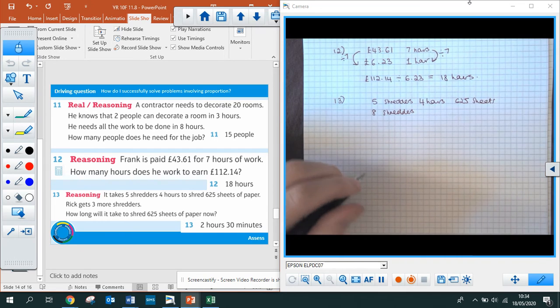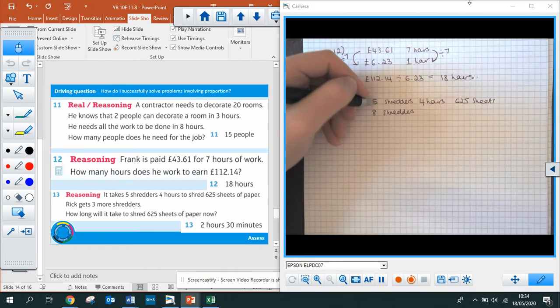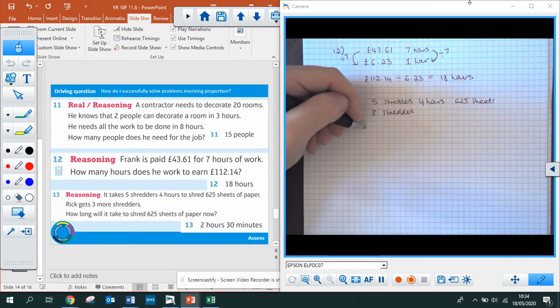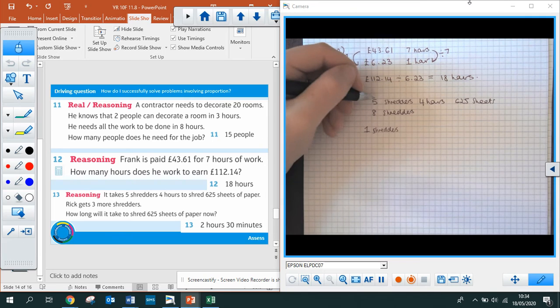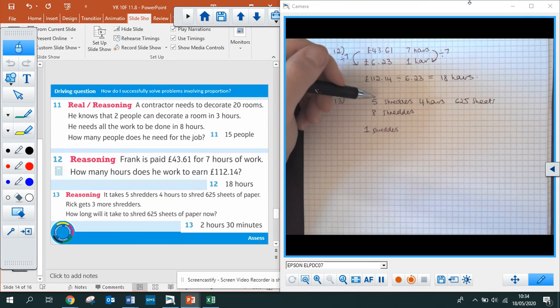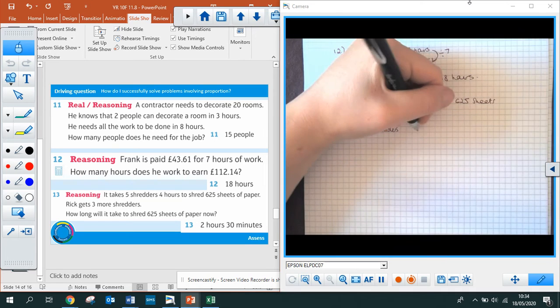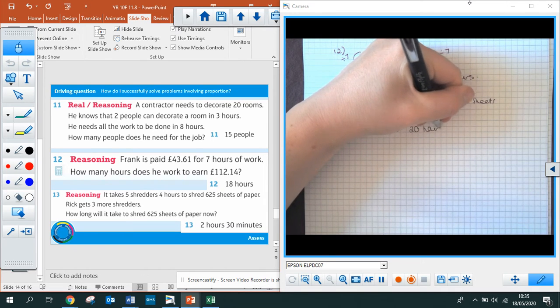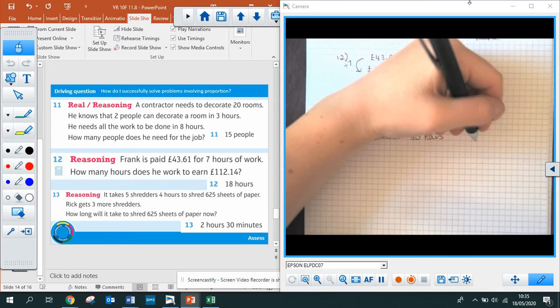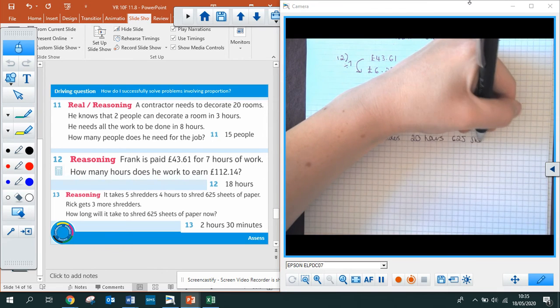What I want to do first is work out how long it would take one machine. Working from this original information, one shredder is going to take 5 lots of the 4 hours because there's only one of them. So we need to times the 4 hours by 5. So it's going to take one machine 20 hours to shred 625 sheets.